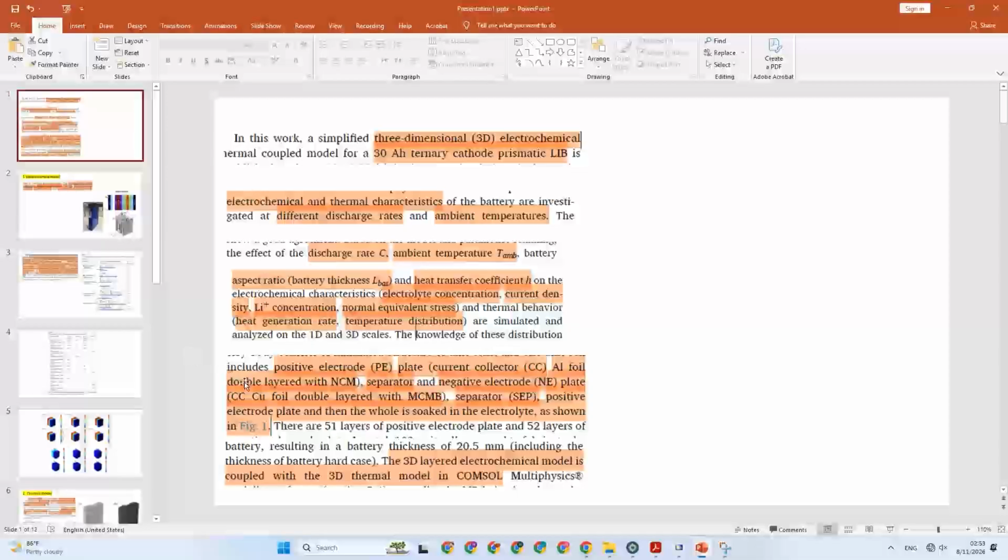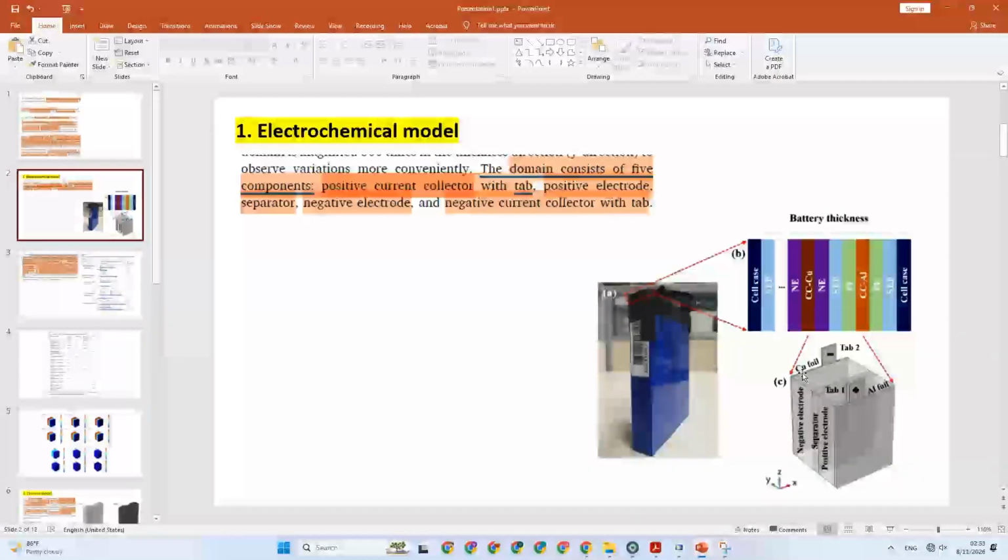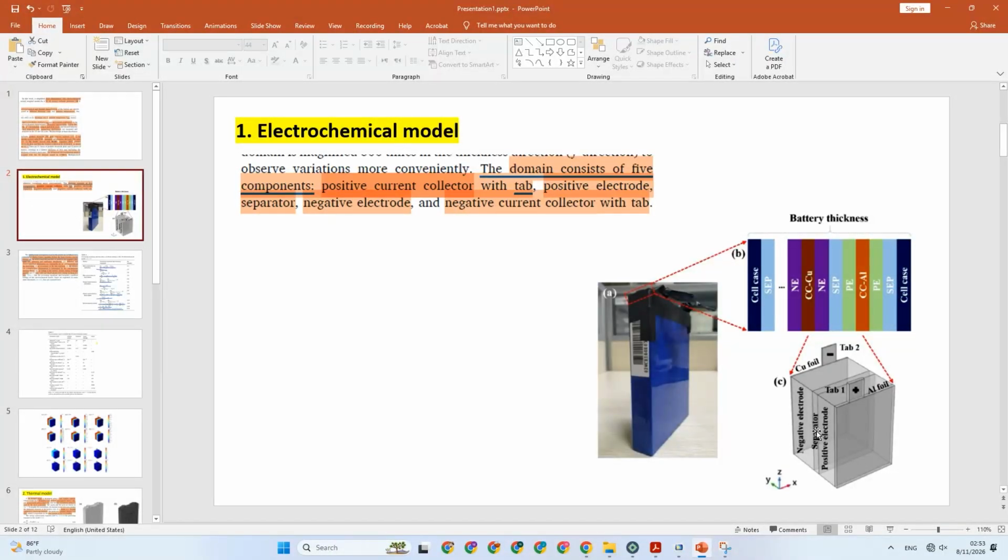We have positive electrode, separator, negative electrode. Okay. We have negative, positive, separator, and Al foil.